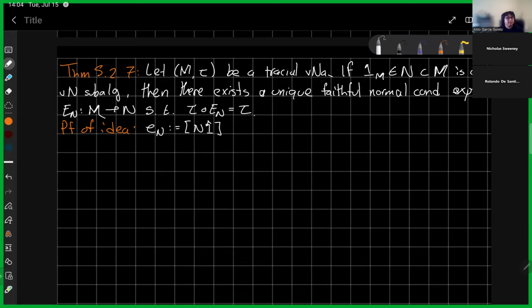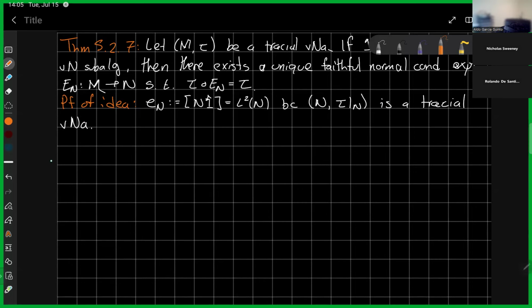Into the subspace. Notice that this is actually equal to the L2 of N because the trace restricted to N is a trace of polynomial algebra. And now we're going to see how En interacts with certain operators.